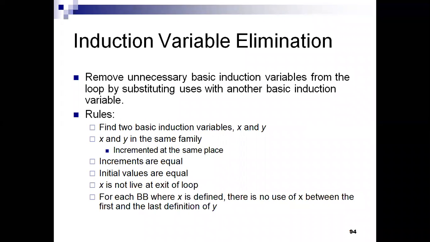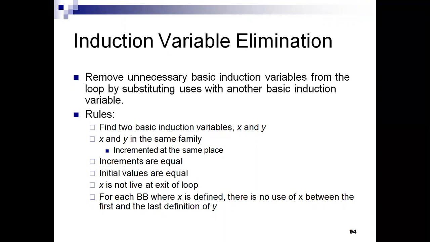And here, to remove the unnecessary basic induction variables from the loop by substituting uses with another basic induction variable, what are the rules that we need to follow? First, we need to find the two basic induction variables x and y. Then x and y should be in the same family and incremented at the same place, the increments should be equal, and the initial values we assign should also be equal, and x is not live at exit of the loop.